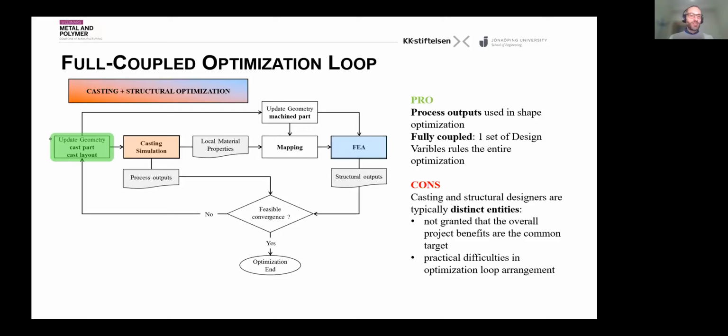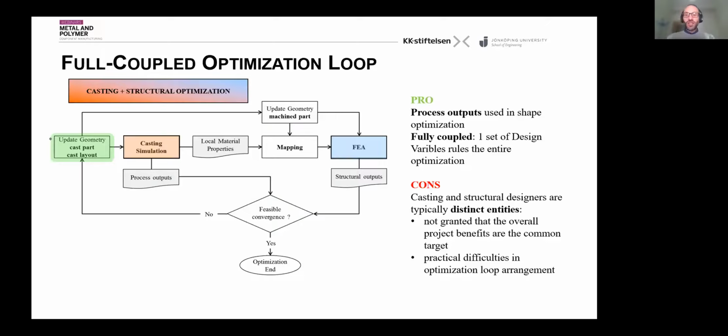So we start with the geometry, we perform a casting simulation, and we map the local properties to the machined part. So we make a sort of virtual machining. Then this is put inside the stress analysis to get the output. If the optimization loop has converged, then we are at the end of the optimization. Otherwise, we will perform another loop, and so on.